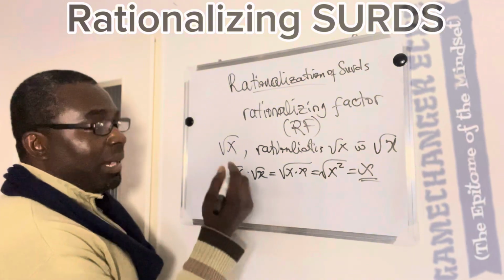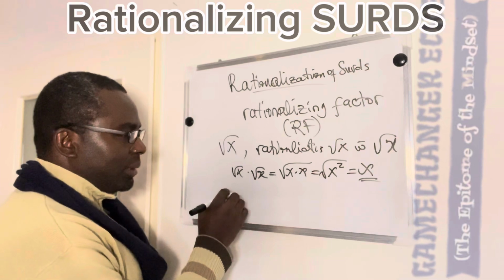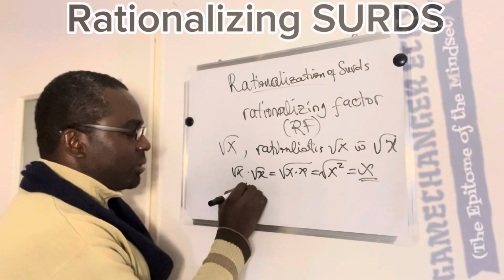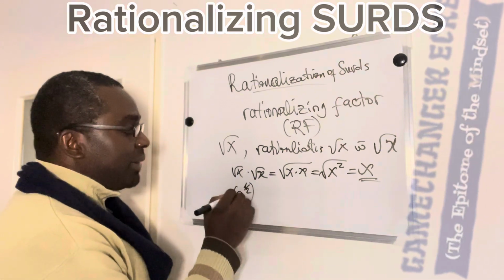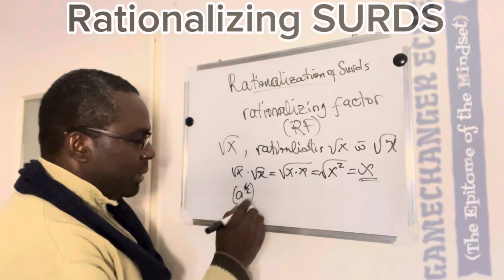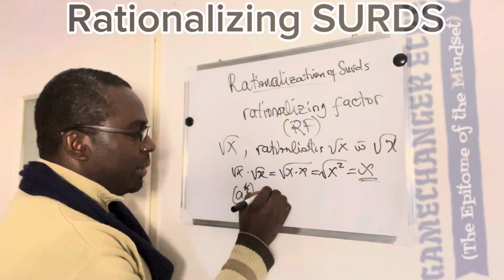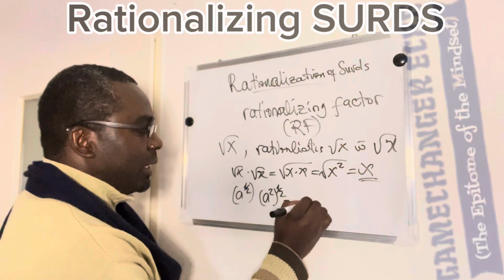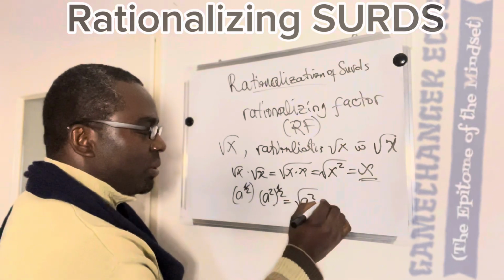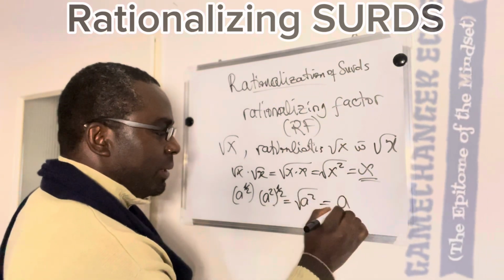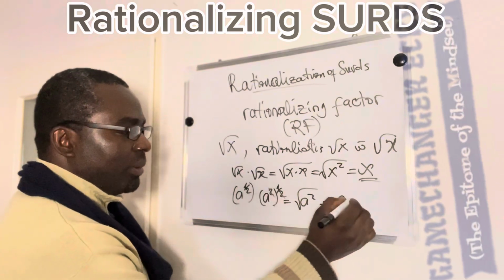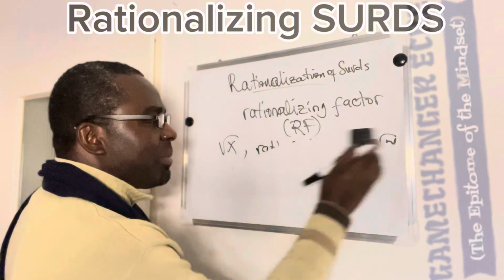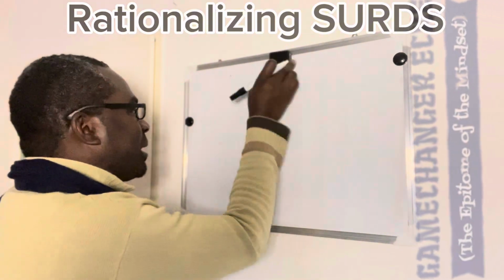From indices we have already seen that a squared to the power half is the same as the square root of a squared, and this will now give us a. If we cancel this half here, we now have a. That's how it makes life easy. Let's look at some examples before we move to some other crucial things.